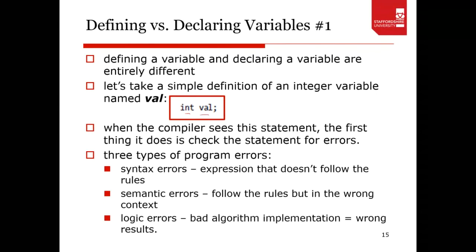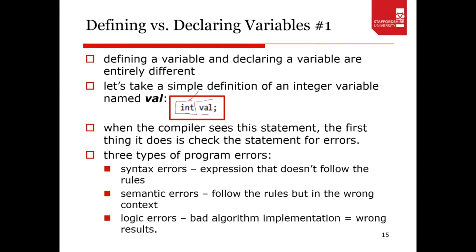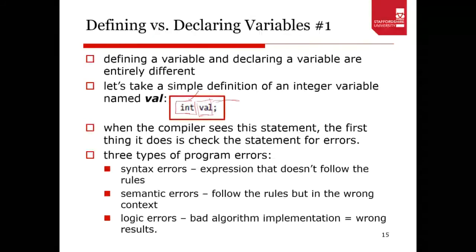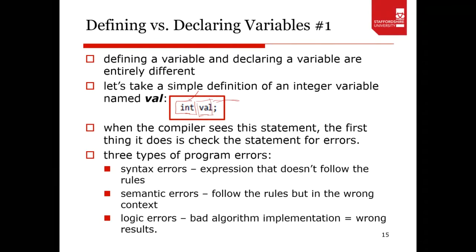So an expression that doesn't follow the rules. Does it have a correct type? And does the variable have a suitable name, without those characters that are not allowed? And does it finish with a semicolon?